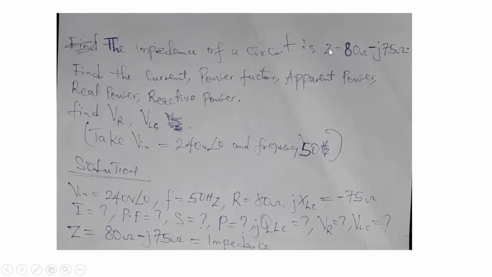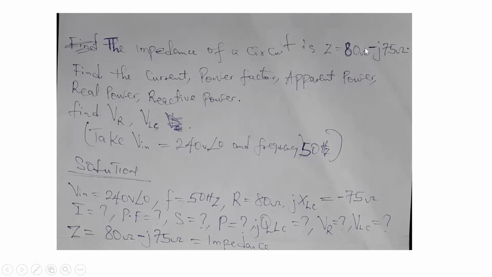The only difference between impedance and resistance is that impedance is a resultant of resistance and reactance, and it depends on frequency, while resistance does not depend on frequency. So if you look at this place, you will see that this is 80 ohms minus j75 ohms.